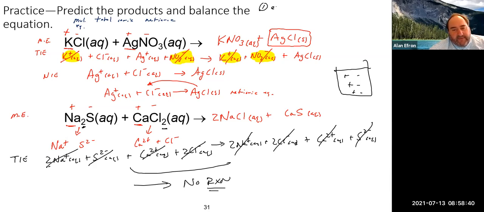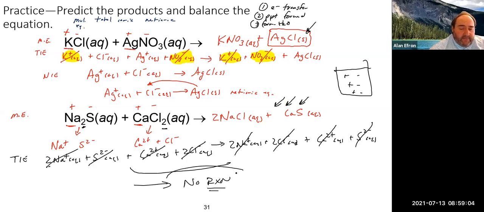One is what is referred to as an electron transfer, which is where we're going next after this. 2 is a precipitate formed, like we had here. So that's why this reaction takes place. And 3 is the formation of water, which didn't happen here, didn't happen here. So here, no electron transfer, no precipitate, no water, no reaction basically took place here.